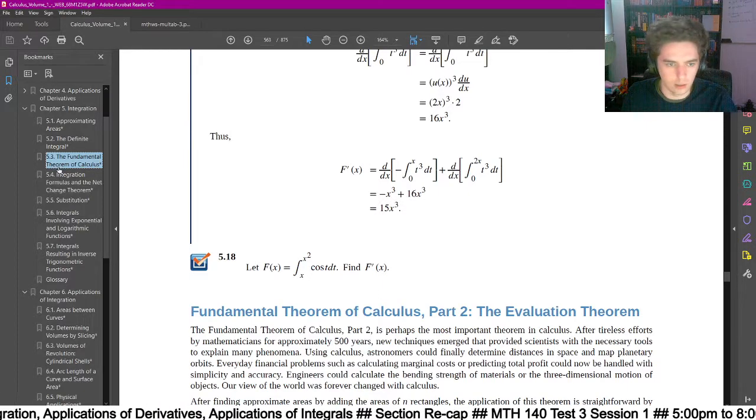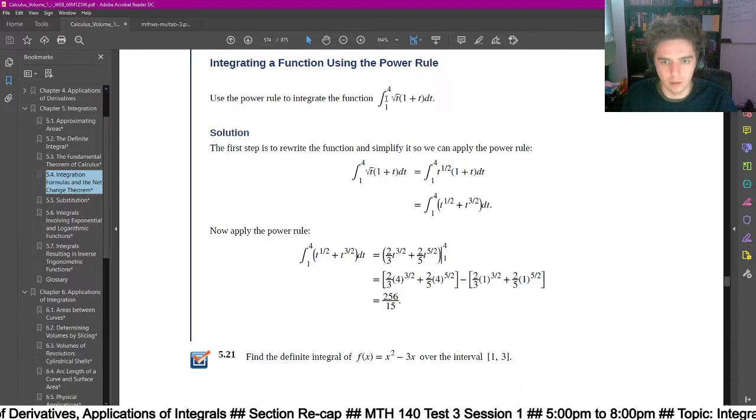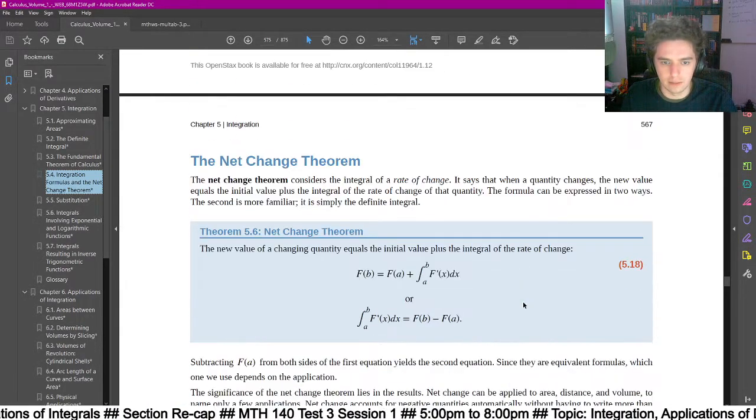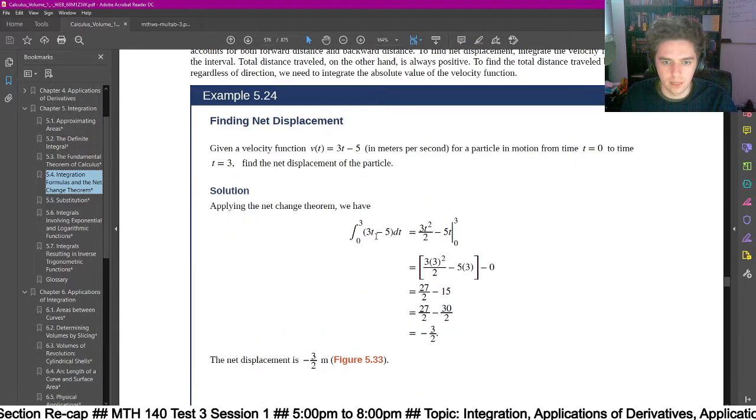So, what is this doing? Oh, I went to the wrong section, of course. What's the question here? Use the power rule to integrate that. Find the definite integral. Okay, it looks like it's just basic integration. Apply the net change, given the velocity for particle motion.